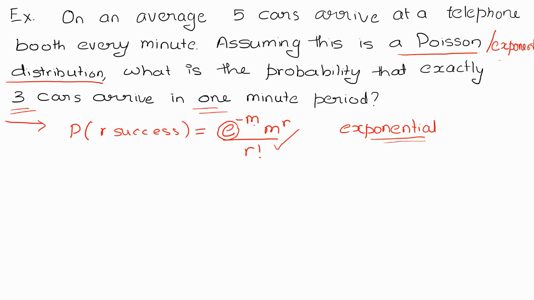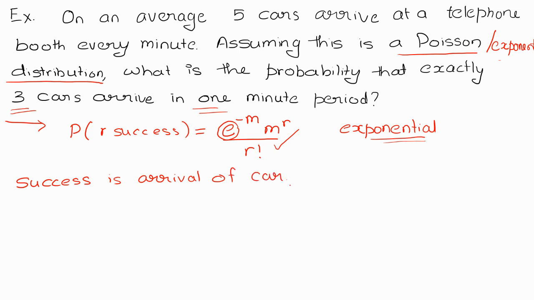Now let's see what my success is. In this case, the probability of exactly three cars arriving in 1 minute is asked. That means my success is the arrival of a car. So let me note this down. Success is arrival of car.